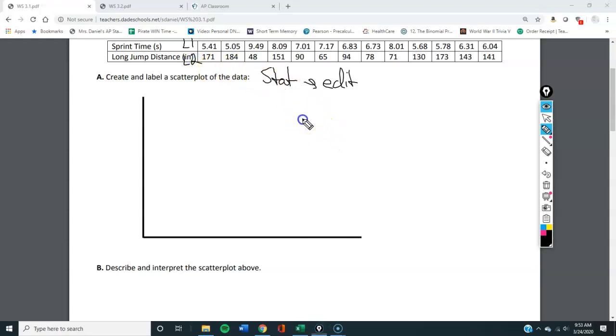Then after I do that, I'm going to go Stat, Test, to LinRegTTest. And that'll give me my R squared and my R, which gives me all the information I need. So that'll be on your calculator.